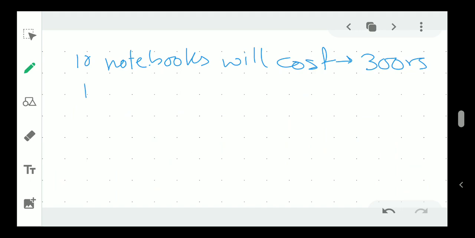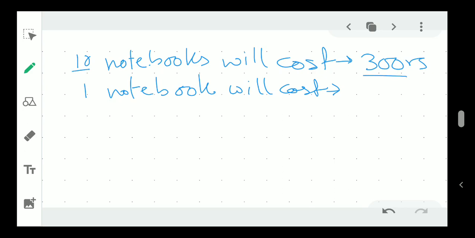So 1 notebook will cost, what you have to do, you have to divide with this. So when this 10 is going that side, it is going down, you can think like that. So this is 300 by 10 rupees. So you know what is the price of 1 notebook.